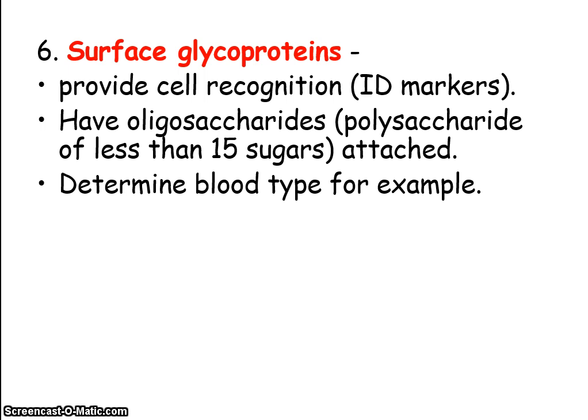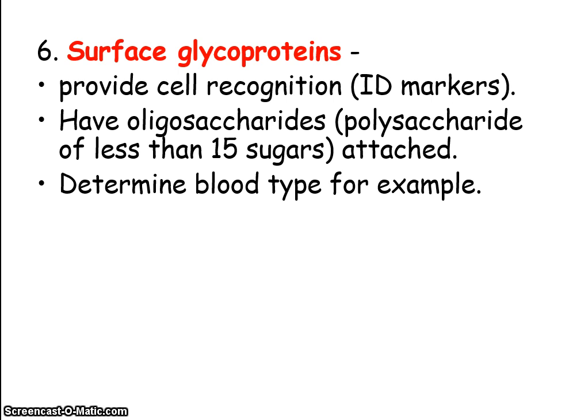Another thing that'll happen with these glycoproteins, they can be attached to things like in your immune response. You have certain white blood cells that will actually tag bacteria with glycoproteins that basically mark them, like put little bullseyes on them, so that the other types of white blood cells will then turn around and attack them.